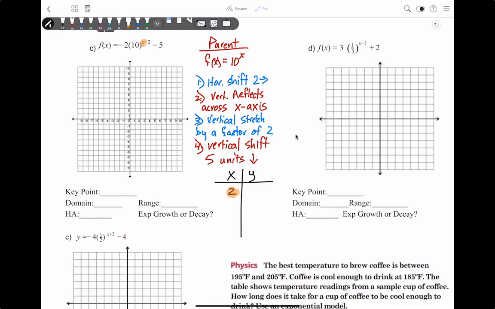Then 2 minus 2 is 0. 10 to the power of 0 is 1. 1 times negative 2 is negative 2. Minus 5 would give us negative 7. So that negative 7, you see right now, is not equal to 0, so it doesn't have to be that all the time. Our key point is (2, negative 7).